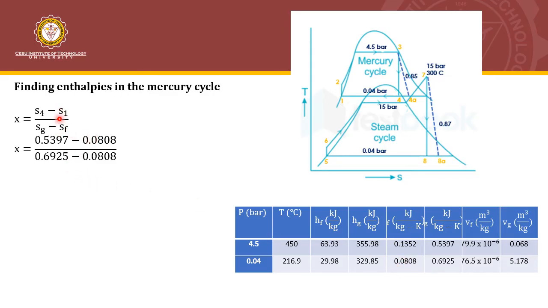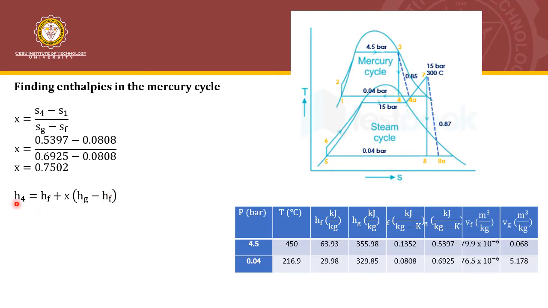They are the same with Sf, so we have 0.0808 also here. And for Sg, that is the value of Sg at 0.04 bar, which is 0.6925. So the value of the quality is 0.7502. So the quality is 75.02% at the outlet of this mercury cycle.